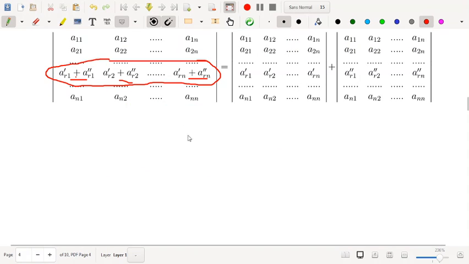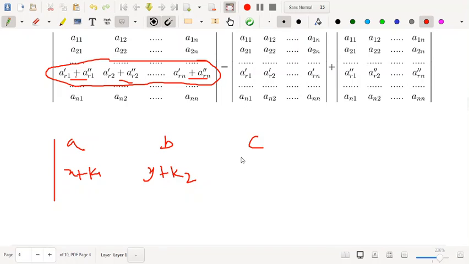So I am giving you an example for that also. No problem. Suppose A, B, C, and suppose you have x plus k1, y plus k2, and z plus k3, right?